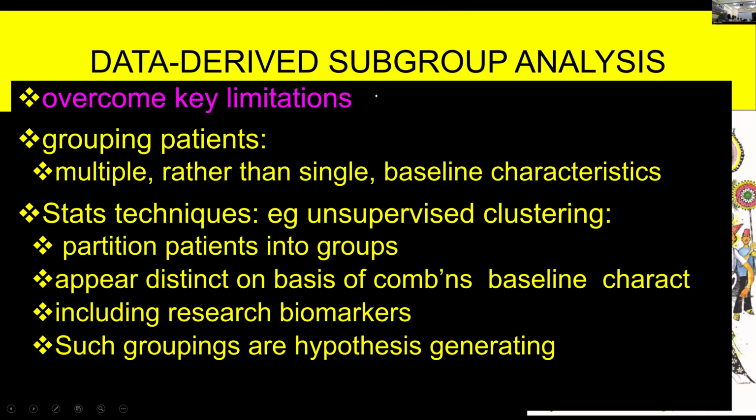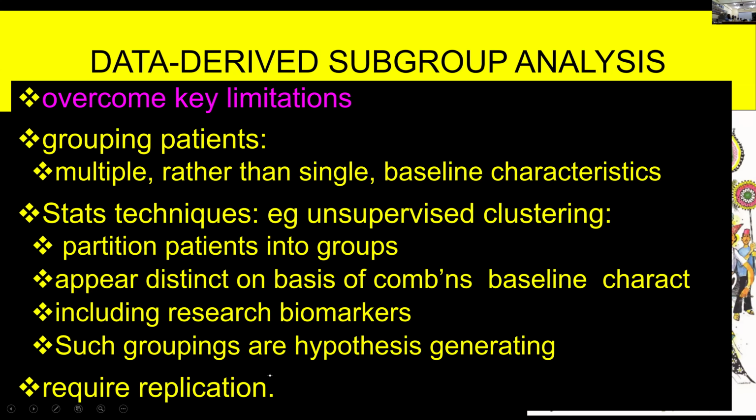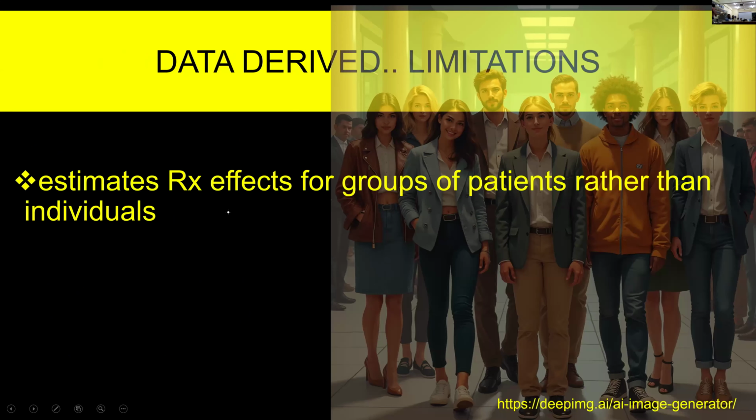These data-derived subgroups are hypothesis generating. You can't say this is clearly going to differentiate you. You're learning from the data. So replication is required, meaning other people must see the same subgroups work. It estimates some treatment effects for groups of patients rather than individuals. So I can't say that Ashwin will respond.